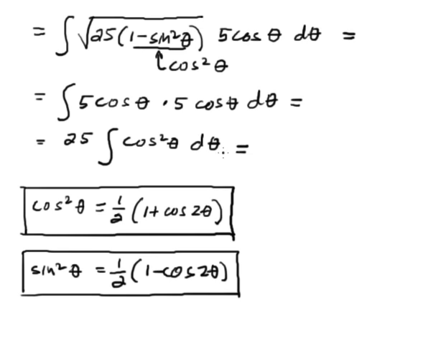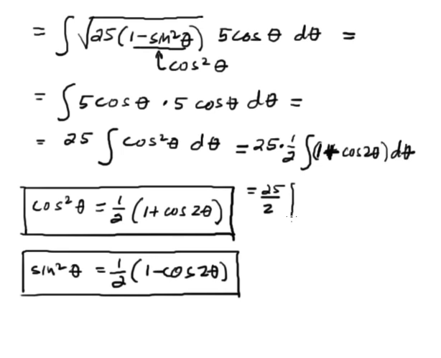All right, let's do that substitution now. So here we go. 25. We'll pull the 1/2 out in front. And here we have 1 plus cos 2 theta. All right, so we're ready to integrate. The integral of 1 is theta. And what's the integral of cos 2 theta? Well, the derivative of sine 2 theta is 2 cos 2 theta.